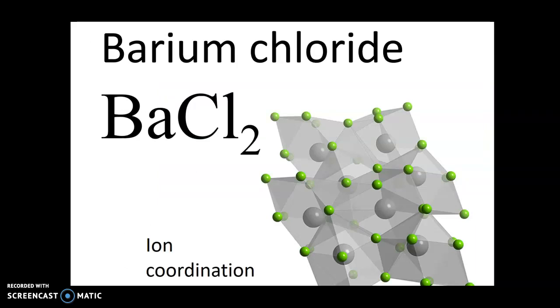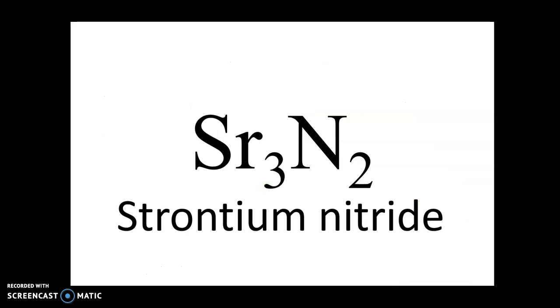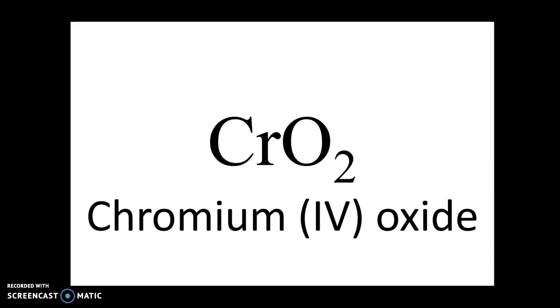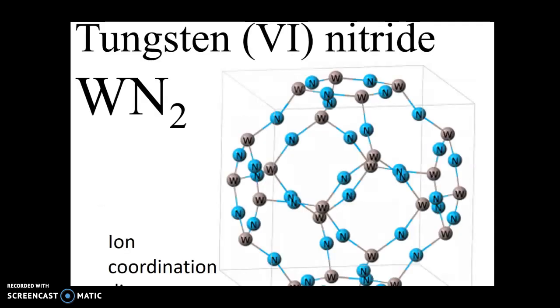BaCl2, the second word is chloride. Sr3N2, the second word is nitride. FeCl3, the second word is chloride. CrO2, the second word is oxide. WN2, the second word is nitride.